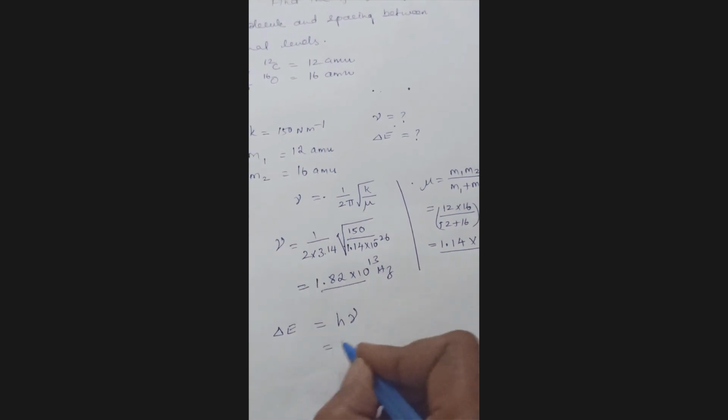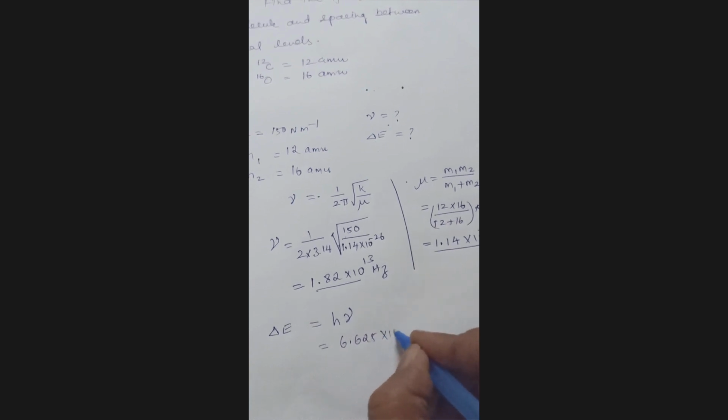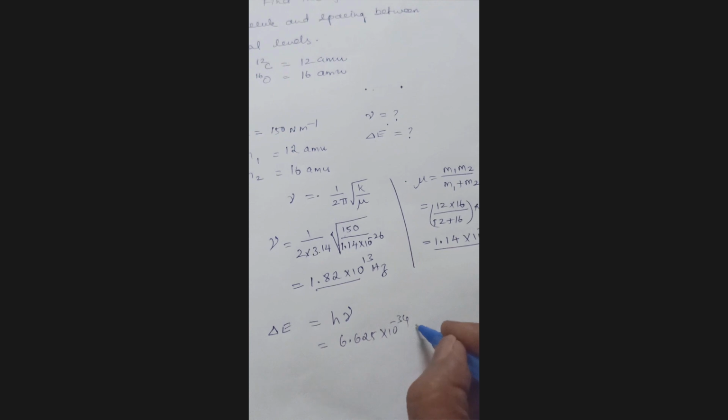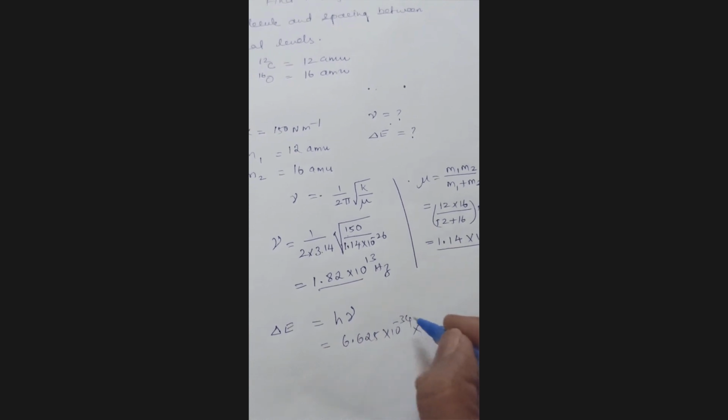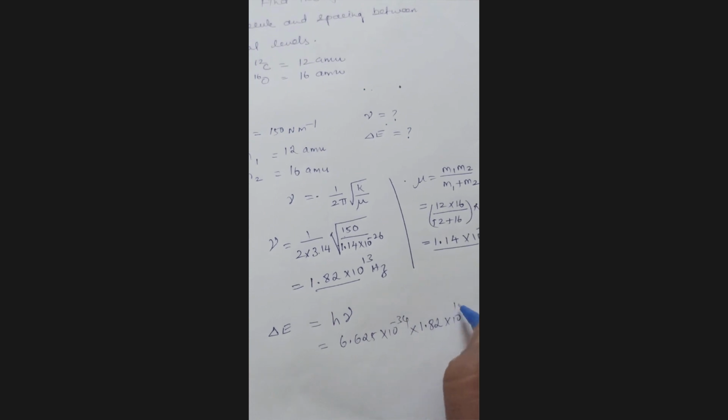So substitute that. 6.625 into 10 raised to the power minus 34 joule second, that is h value, into nu, which you have calculated, 1.82 into 10 raised to the power 13 hertz.